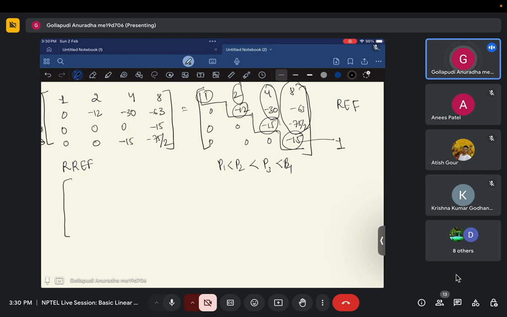So first thing we are going to do is row 4. If you are dividing row 4 by minus 15, we'll get this as 1.